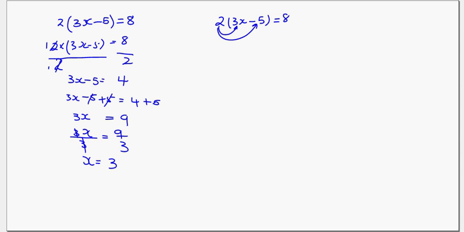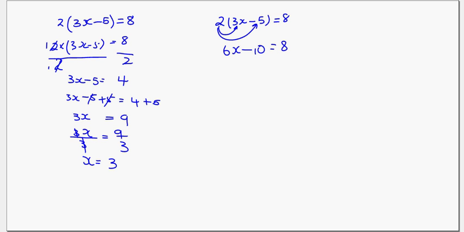The distributive law says that this 2 is going to multiply by the 3x, so you'll get 2 by 3x, which is 6x, and 2 multiplied by minus 5 is minus 10. That will be equal to 8.